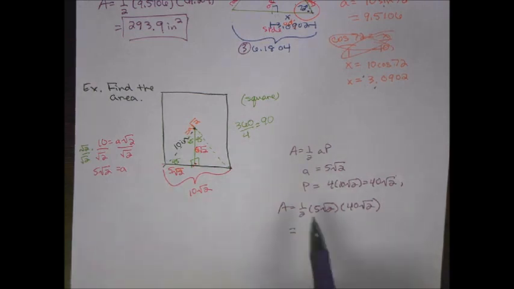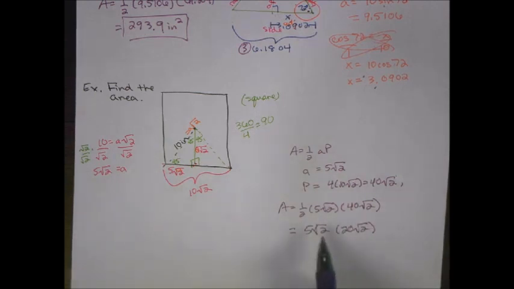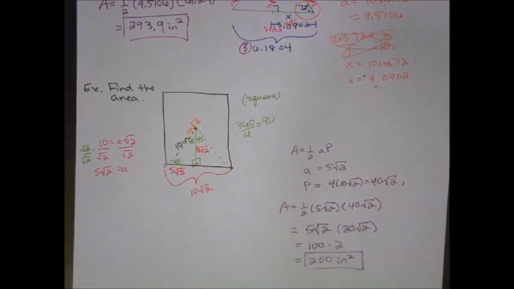Simplest radical form. Can't take half of 5, but I can take half of 40. Well, 5 times 20 is 100. Root 2 times root 2 is 2. So this gives us an area of 200 inches squared.